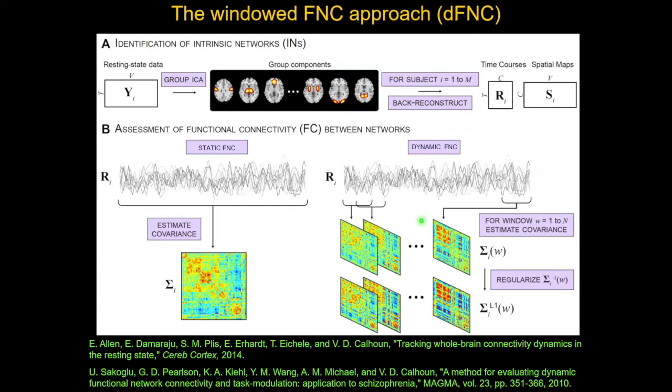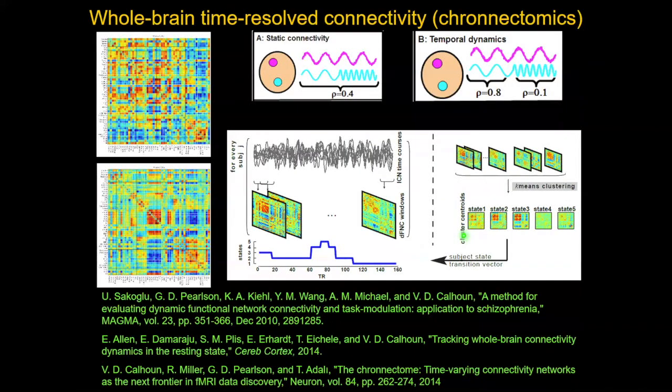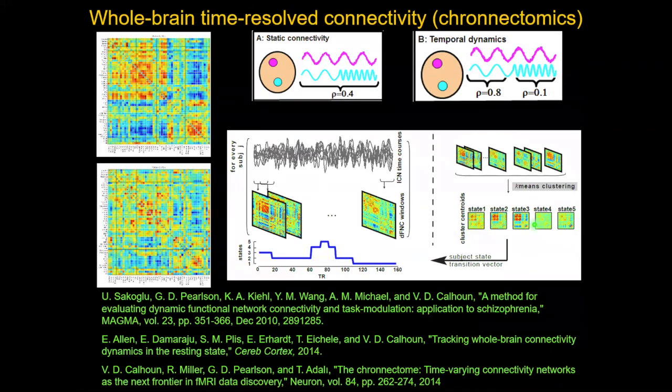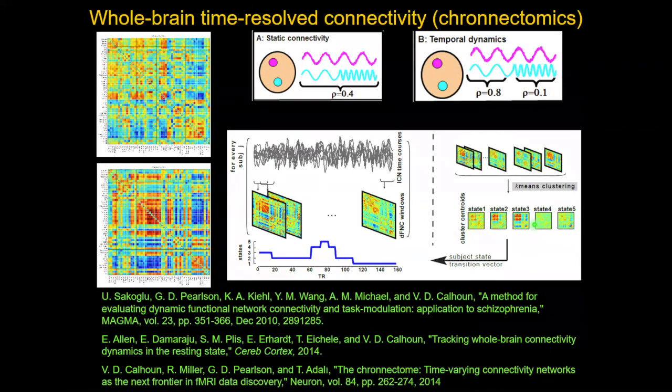If we take those and, instead of looking at the average over all time, do a sliding window approach, we get essentially variations in connectivity. Then we can look at clustering of those into states that may or may not be overlapping, depending on how you want to model it.